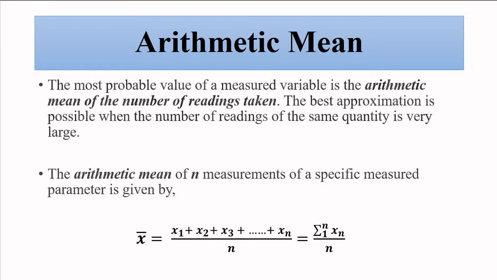And generally the number of readings is large, 10, 15, 20, 30, more than that also. So the arithmetic mean of, let's say, n measurements or n readings that are taken for a specific parameter is given by this. Let's say x1, x2, x3 up to xn, nth readings are taken. The arithmetic mean, x bar, is the sum of all the individual measurement readings divided by the number of readings taken.